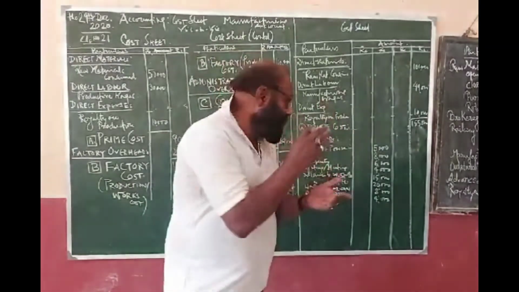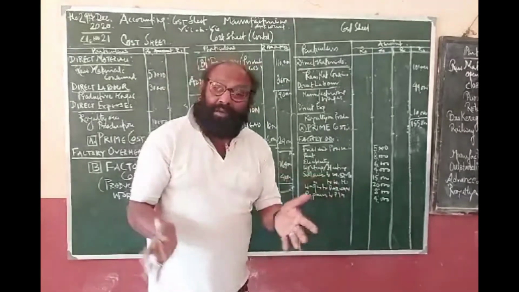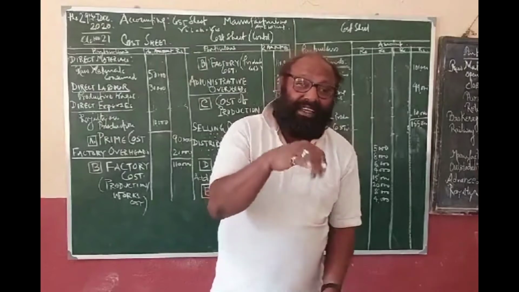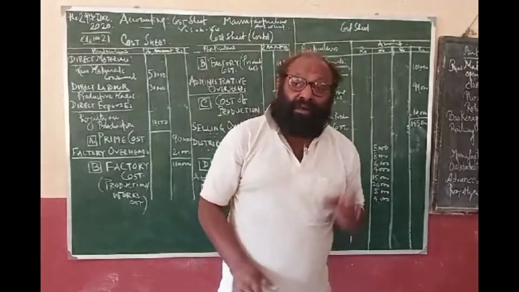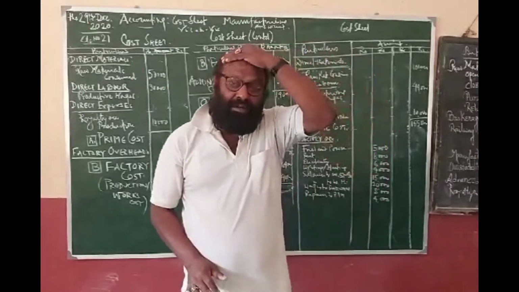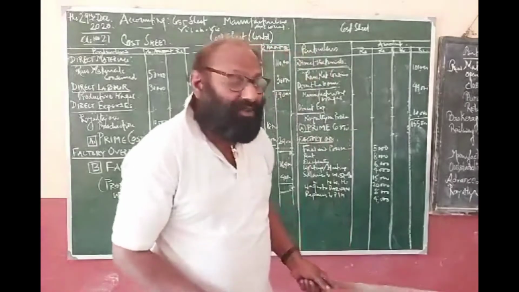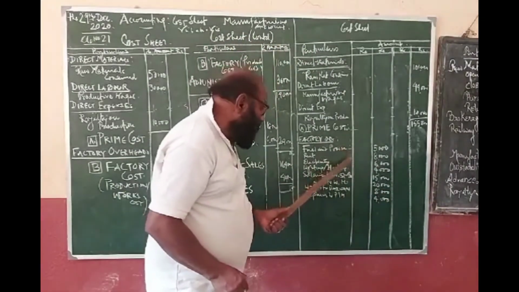These are the costs which are incurred for the purpose of production and affected in the cost of production, in the factory or works area, but which are not identifiable to the particular product. So they are indirectly charged, and indirect costs are known as overhead, and that is known as factory overhead.